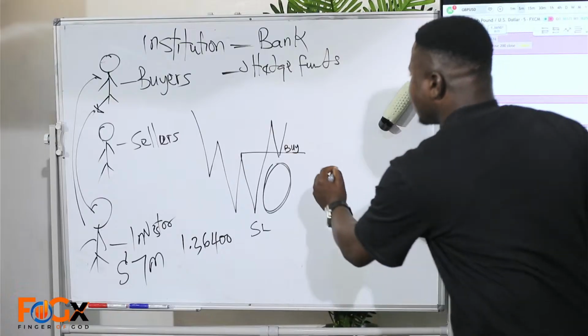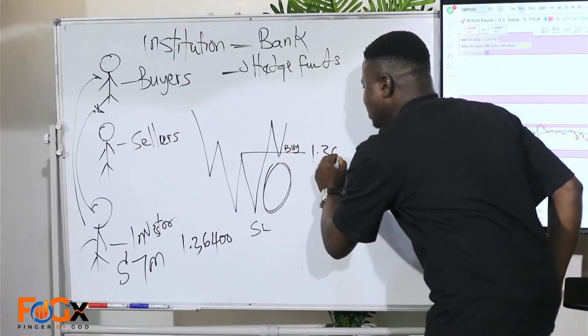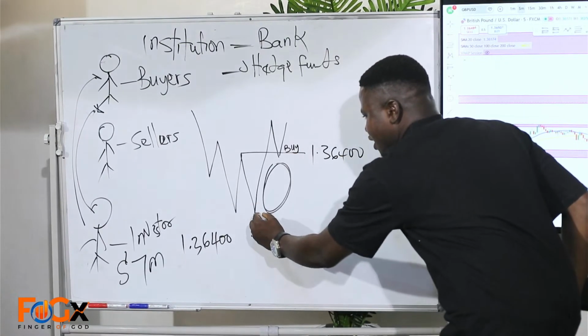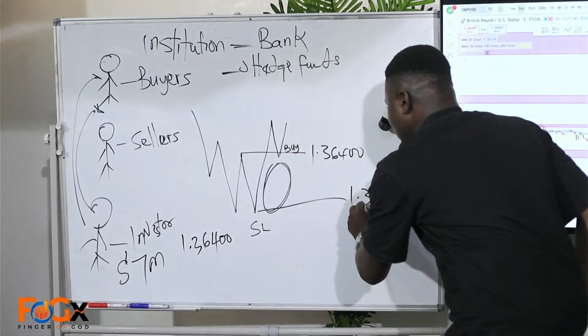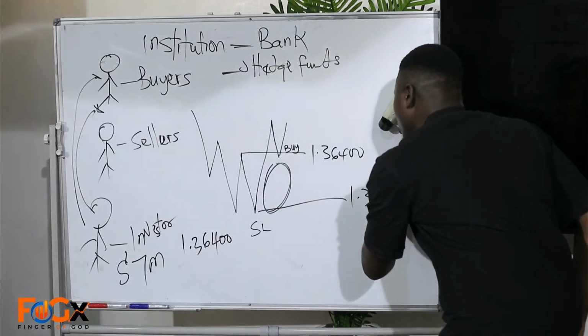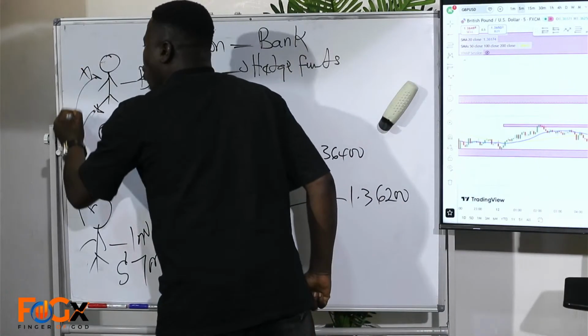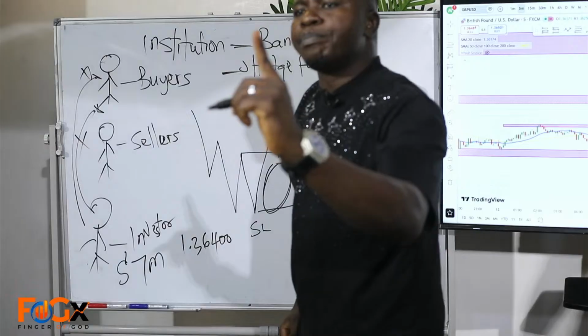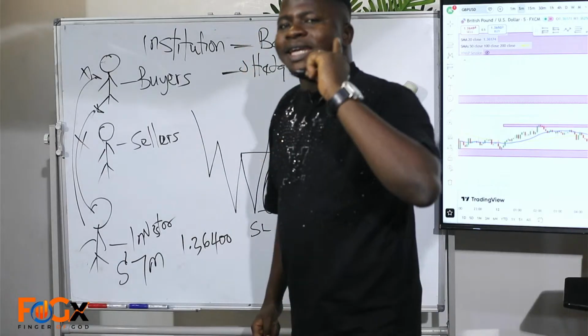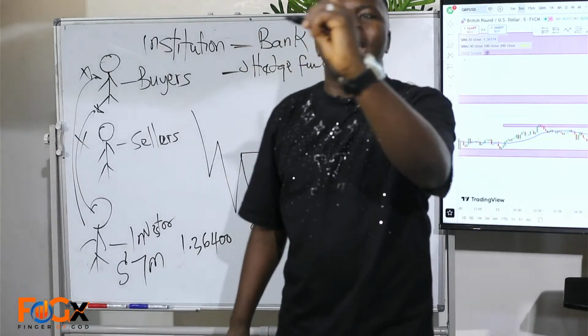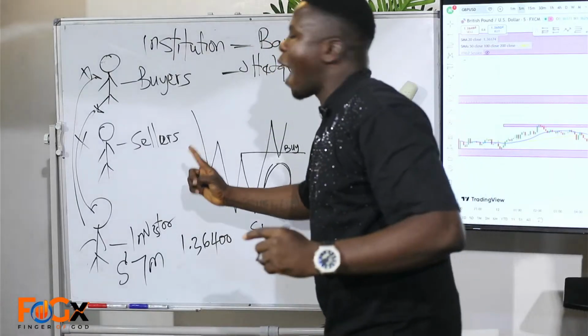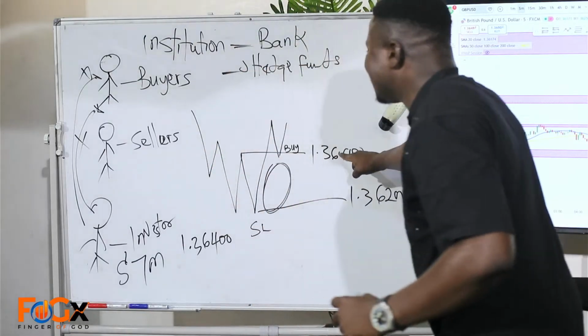Now, 1.36400 here, 1.36200, for example. These guys also want to make profits. They are looking for the best price to enter. They must not enter above 1.36400.